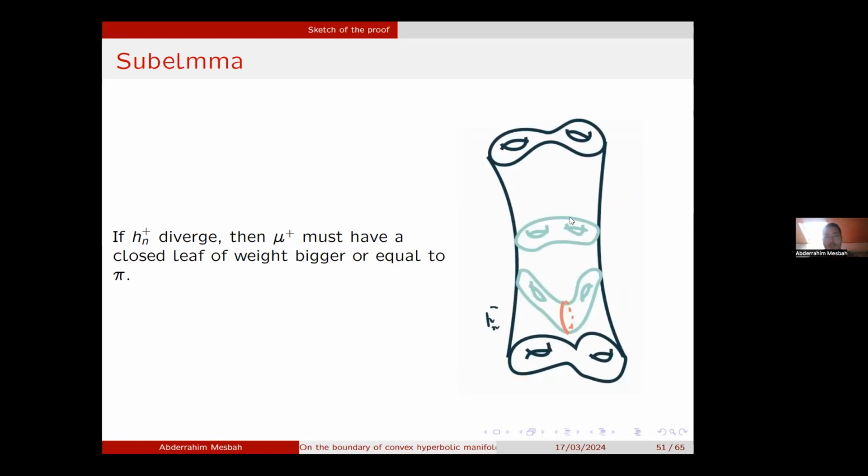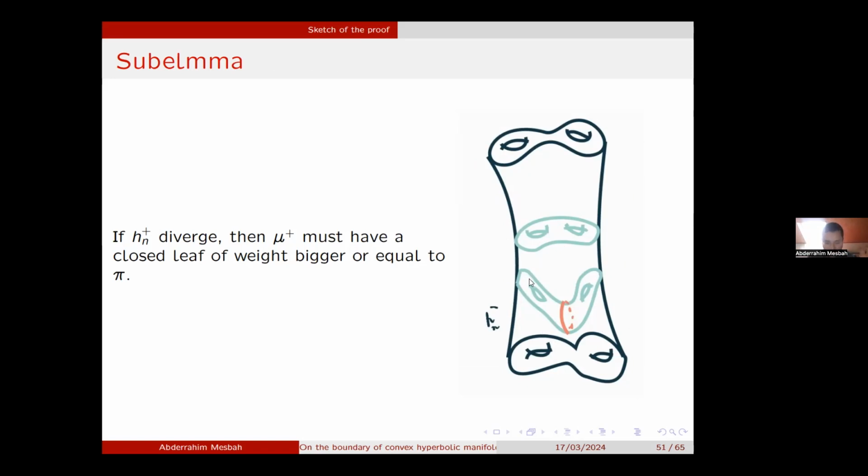So in the lemma, by hypothesis, the metrics on the upper boundary converge to something, so they are fine. And the bending laminations on the lower boundary converge to some lamination that doesn't have a leaf of weight bigger than pi. So what will happen here?